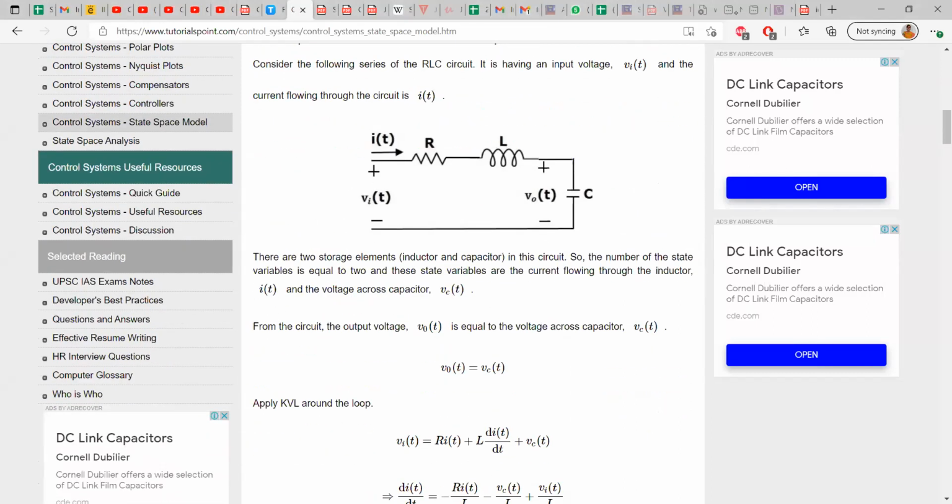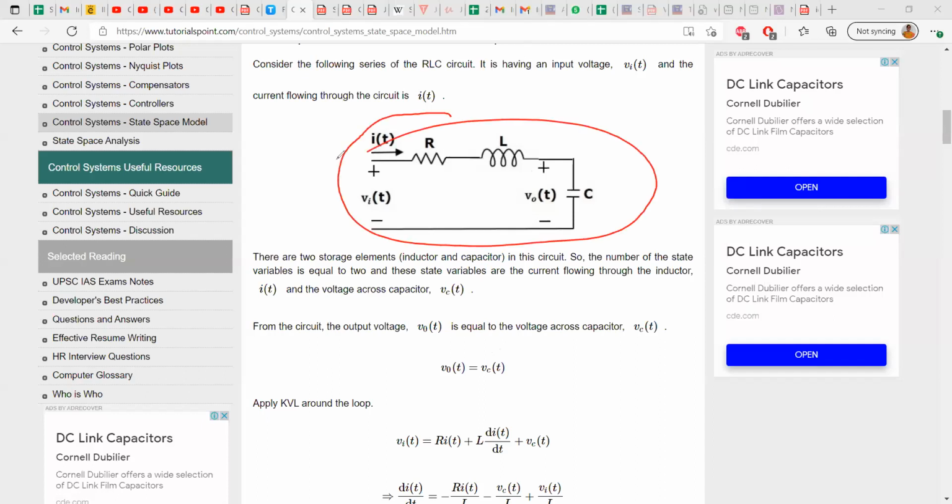Tell me now. Here, what are the variable constraints in the circuit? What are the variables, state variables? No, your voice is not audible. Hello? Balaji? What are the state variables in this circuit?